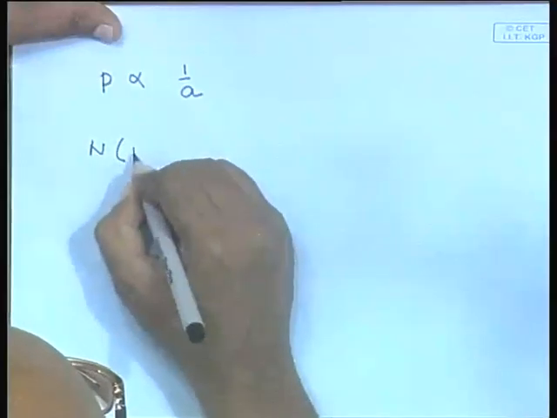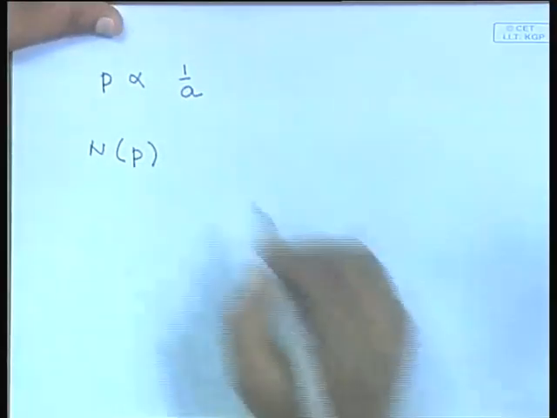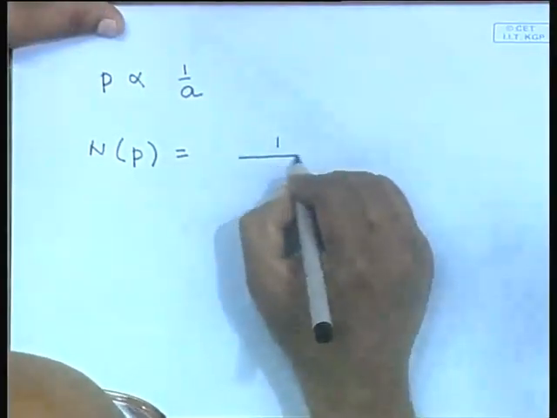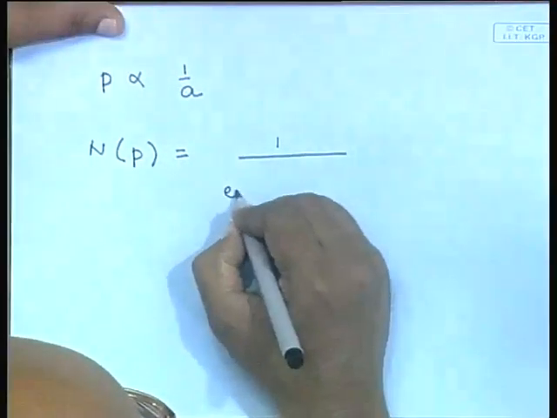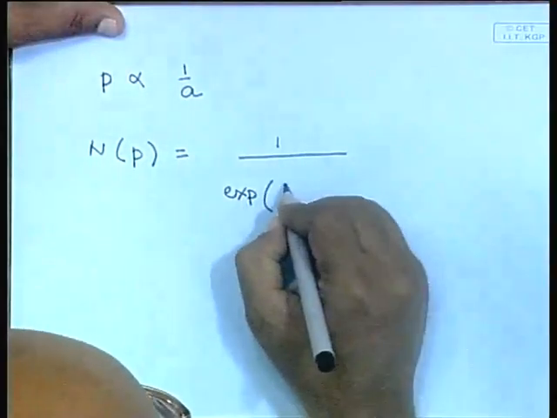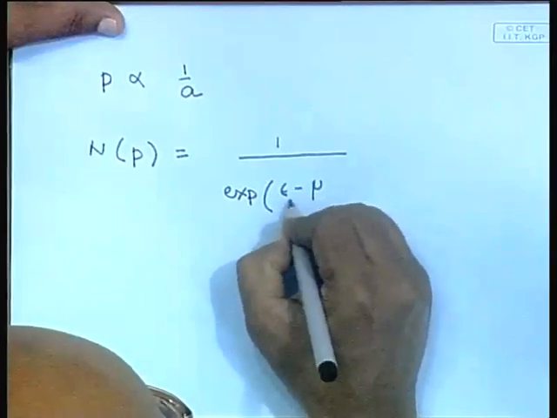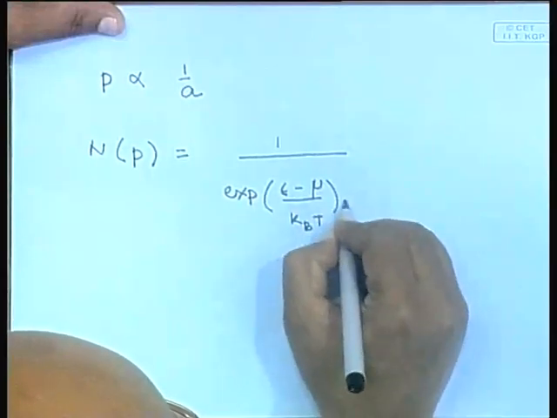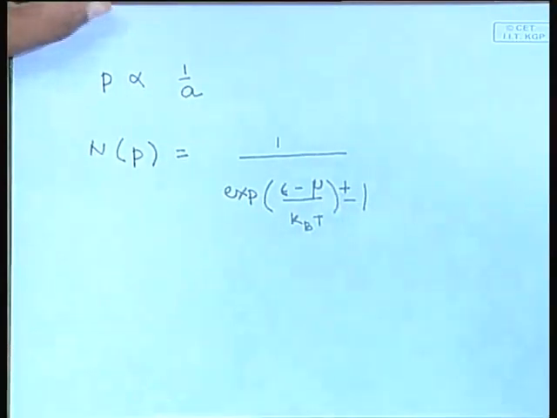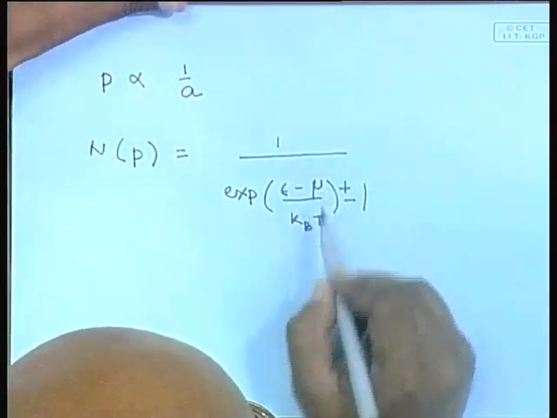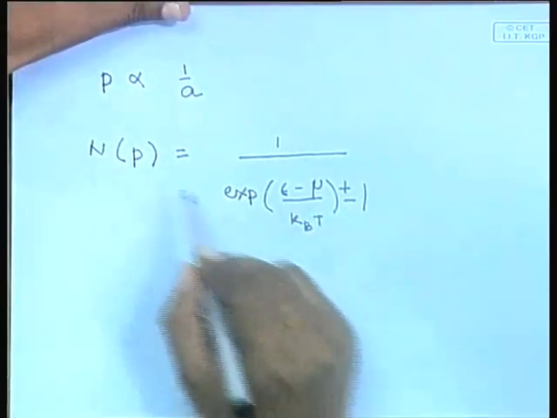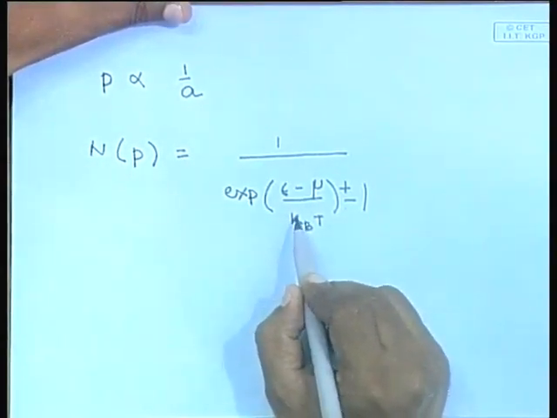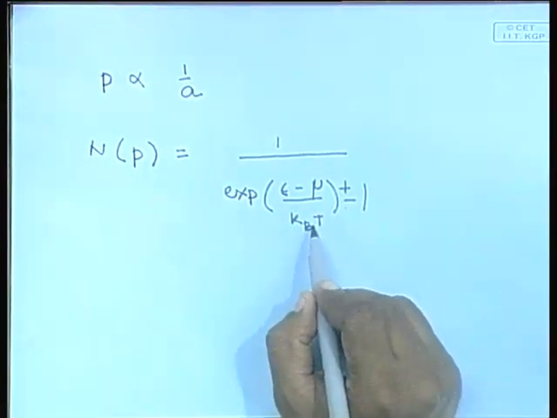We also saw that the occupation number of any state with a certain value of the momentum is given by 1 by exponential of epsilon minus mu by kBT plus or minus 1, where epsilon is the energy corresponding to this momentum, mu is the chemical potential, kB is the Boltzmann constant, and T is the absolute temperature.